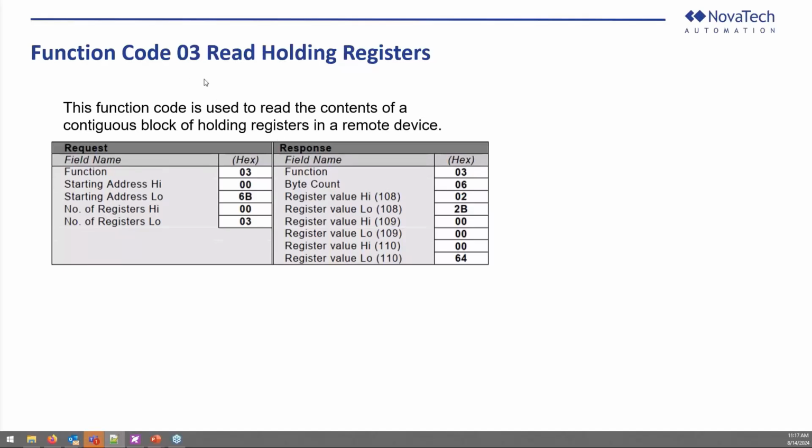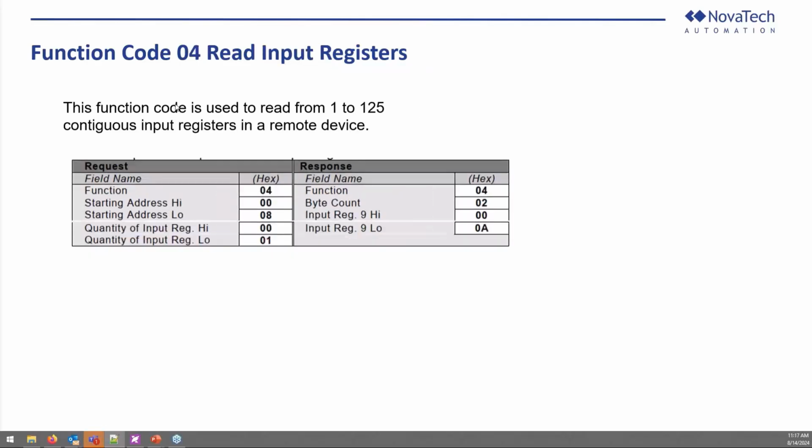Holding registers are 4x registers. And when we get to function code 4, which is reading the input registers, those are your 3x registers. It's somewhat reversed there, but it's a thing to understand as you're doing a lot of this.